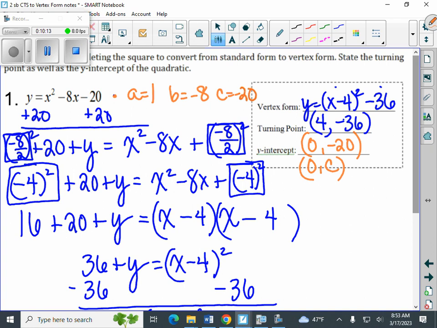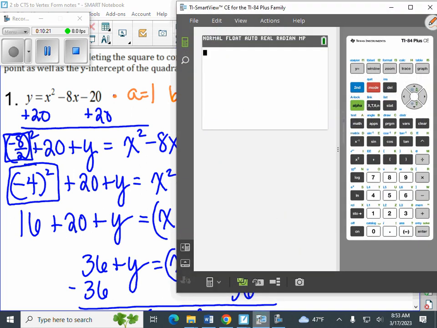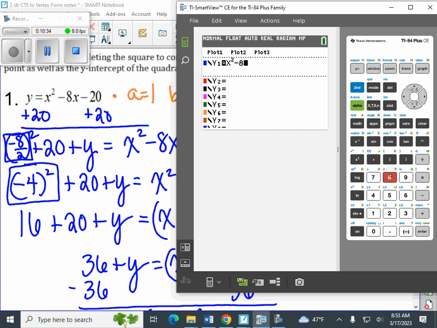Now, one last thing that I want to show is if we flip over to the calculator here, and you go to y equals, we type in the original problem. Y equals x squared minus 8x minus 20.